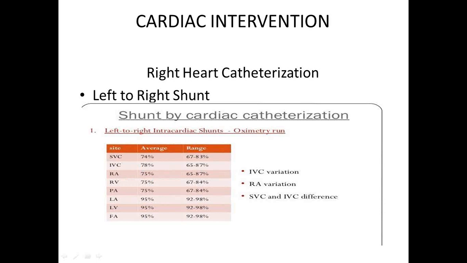So remember, when the lungs oxygenate the blood and the blood goes to the left side of the heart, it's pumped out of the left heart through your aorta, and then all the organs and tissues are going to get rich oxygenated blood, and they're going to use the oxygen in the blood to produce energy. The reason why we need oxygen is that oxygen is necessary for the production of energy, for you to do stuff.